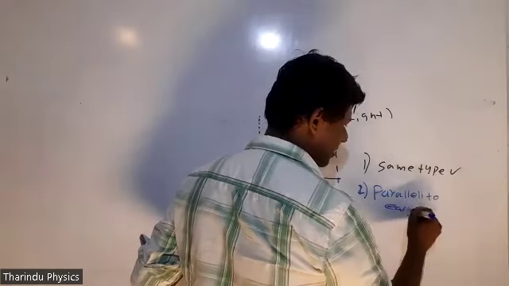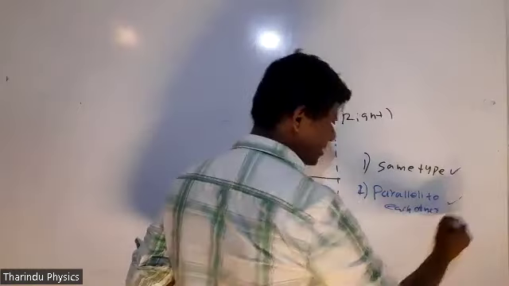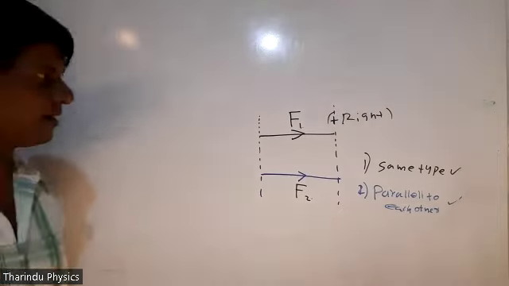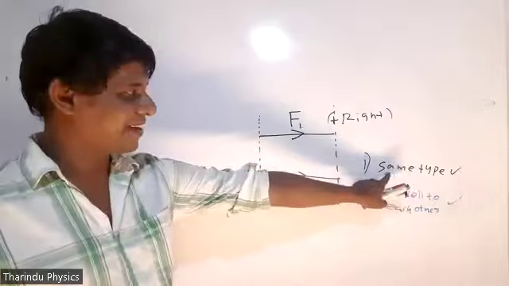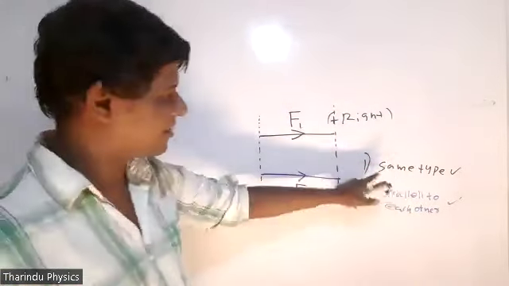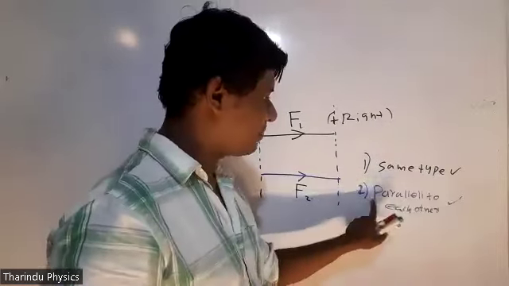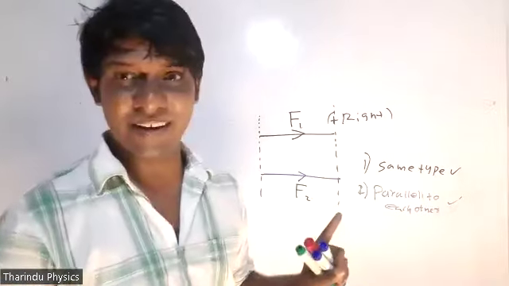That is also something you should know. Don't worry about my writing. I'm just writing it for my satisfaction. I have already said the first one: same type. The second one should be parallel to each other.